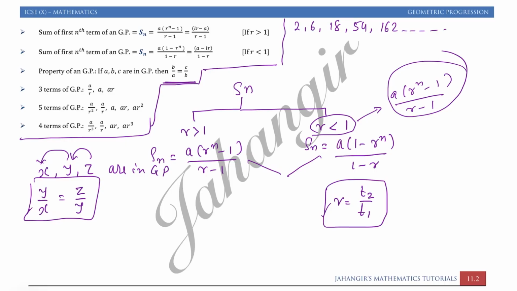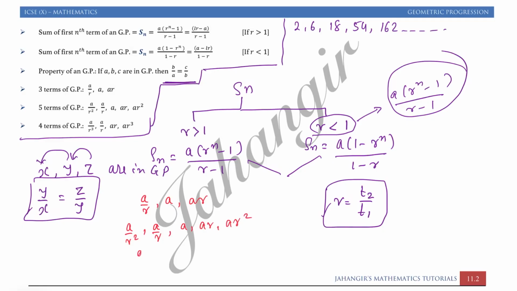In AP also you had learned three terms of an AP, four terms, five terms. We didn't do sums related to four and five, but we had learned what four terms and five terms are. Here also in GP you have to remember three. When they say three terms of a GP, you have to take A by R, A, AR. When they say five terms, it is AR square, A by R, A, AR, AR square.